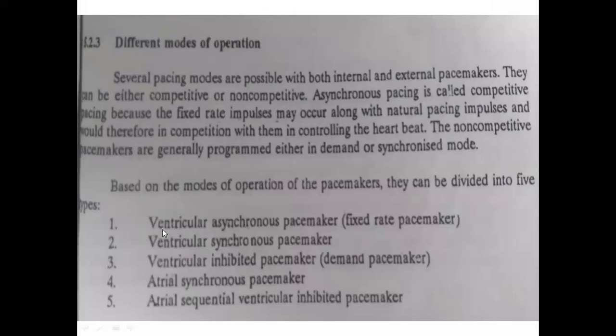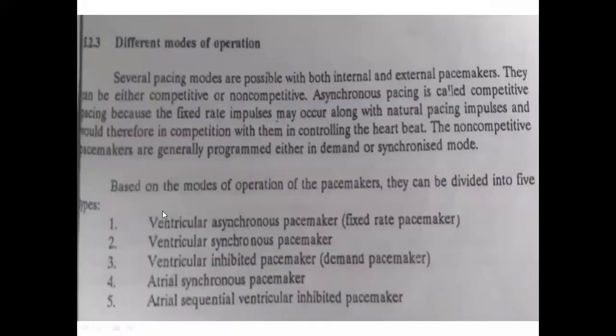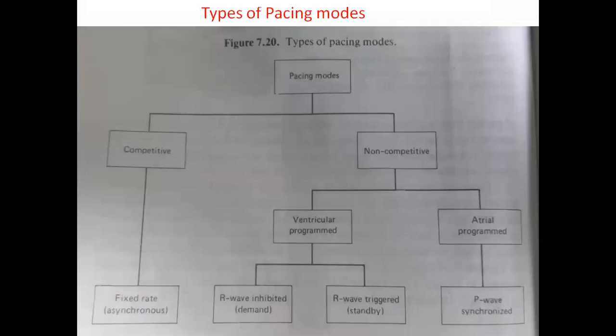The first one is the ventricular asynchronous pacemaker. This is a fixed rate pacemaker, a competitive type of pacemaker. The next one is the ventricular synchronous pacemaker. This is a trigger type, R wave triggered, that is a standby type.